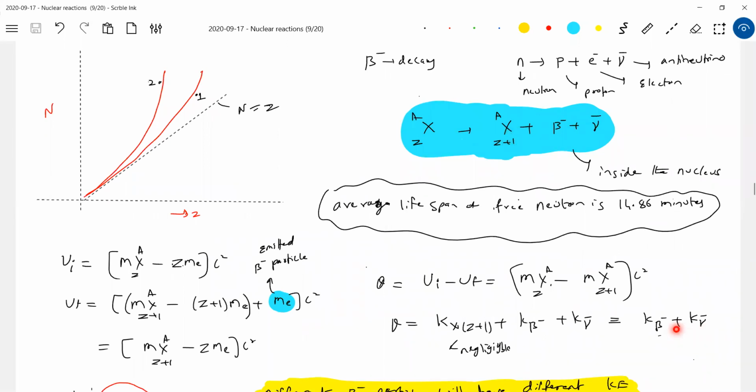After beta decay, if the daughter nucleus formed is not in the ground state, it will undergo de-excitation and give out a gamma photon. In that case, the energy available due to mass defect should be shared by the gamma photon as well.